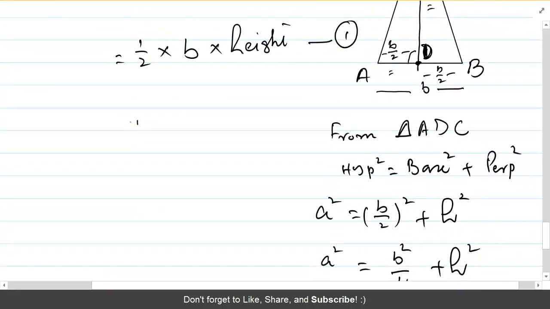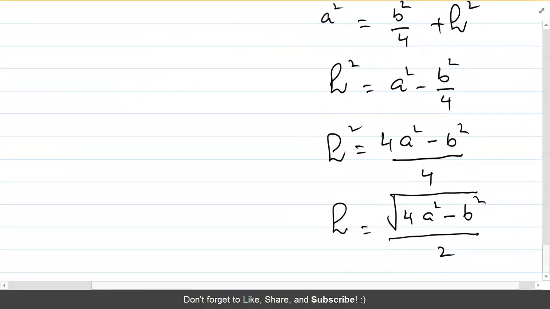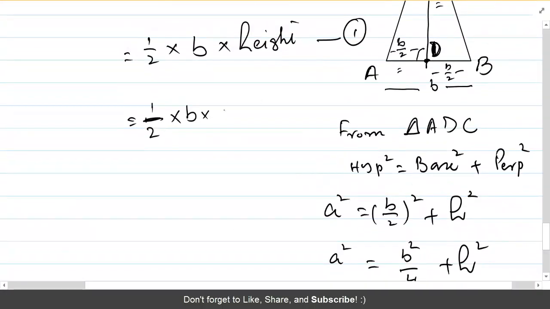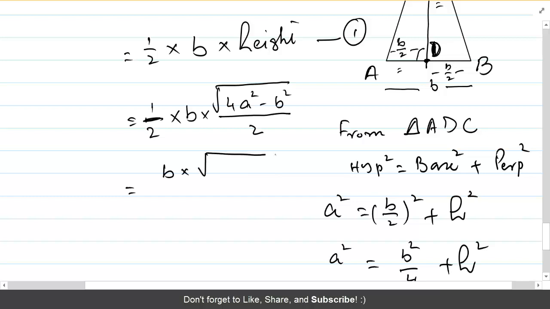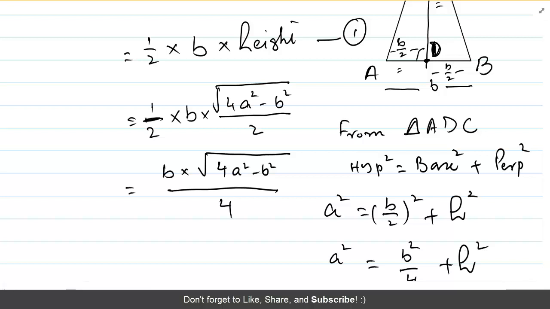This is equal to 1 over 2 times b times root of 4a square minus b square over 2. So this is the formula, b times root of 4a square minus b square over 4. So this will be the formula for finding the area of the isosceles triangle.